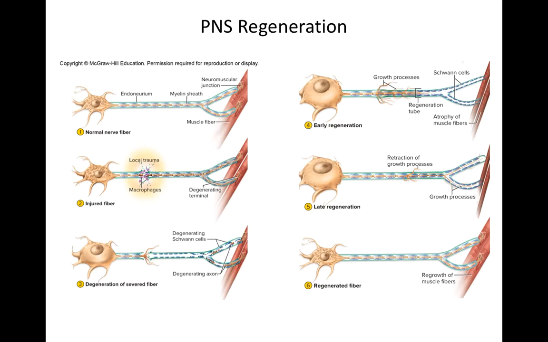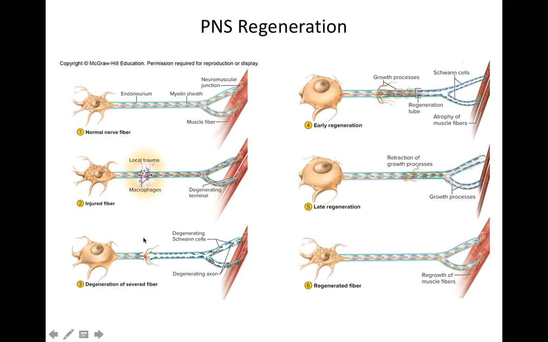This is possible in the peripheral nervous system because of the way the myelin sheath is made. You have all of these individual cells, and so they all have a nucleus. They can all undergo mitosis. They can secrete proteins. They can do all of these things. That being said, it's not a guarantee.